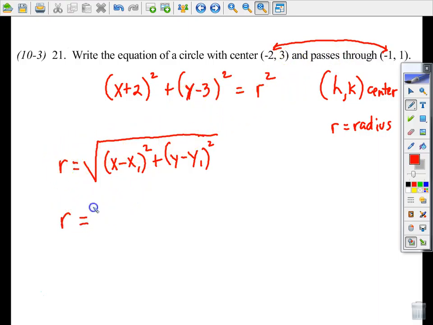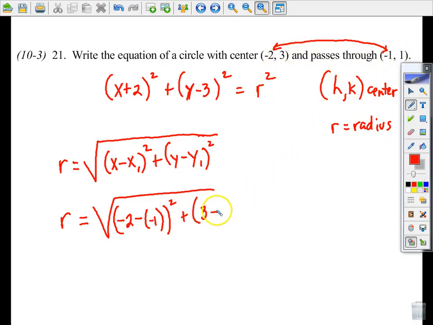All right, so let's take the two x's, -2 minus, and we're going to be subtracting -1, and that's going to be squared, plus 3 minus +1 squared.